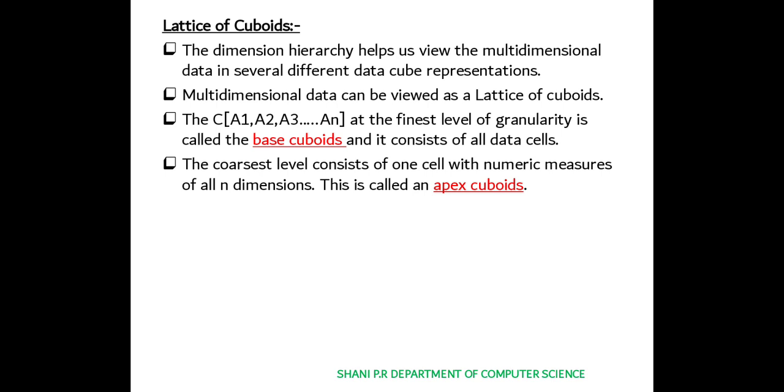Multidimensional data can be viewed as a lattice of cuboids, that is C of A1 to An. The finest level of granularity is called the base cuboid, and it consists of all data cells, whereas the coarsest level consists of one cell with the numeric measures of all n dimensions. This is called the apex cuboid.